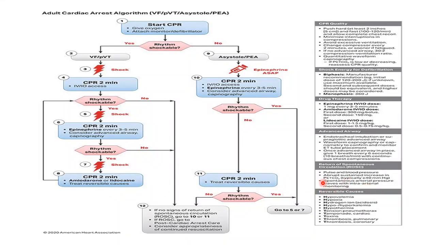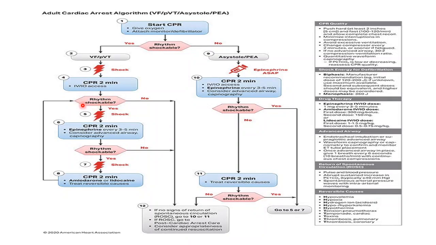We will discuss these reversible causes. That is 5H and 5T. We will discuss, right? After giving CPR for 2 minutes, giving drugs, and treating the reversible causes, if the patient has not revived and the rhythm is still shockable, then you have to continue this cycle.